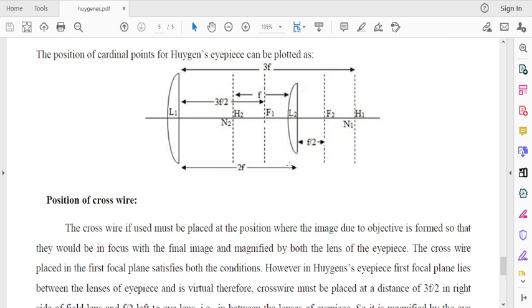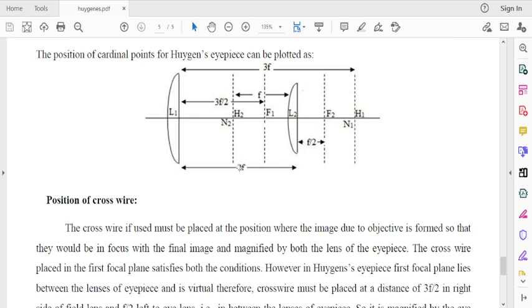What about the spherical aberration? The spherical aberration is also minimum because the distance between the two lenses is equal to the difference of their focal lengths. What is the difference between their focal lengths? 3f and f, 3 minus 1 equals 2f. The distance between the field lens and eye lens is 2f, and therefore spherical aberration is minimum.